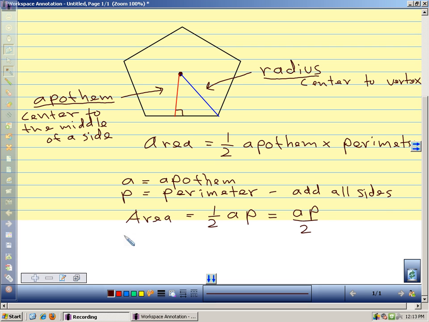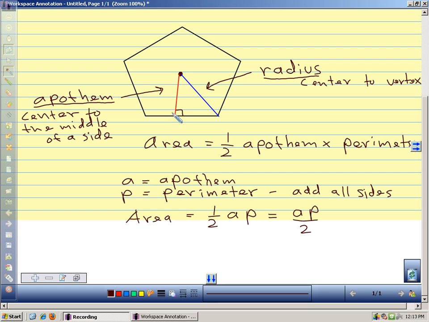So this is our formula for the area of a regular polygon. 1/2 the apothem times the perimeter, or the apothem times the perimeter divided by 2. It looks a lot like the formula for the area of a triangle, because that's where it comes from, is we add up the area of all these triangles inside our polygon.